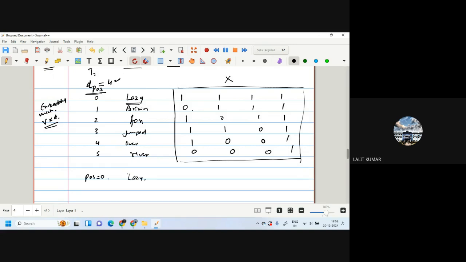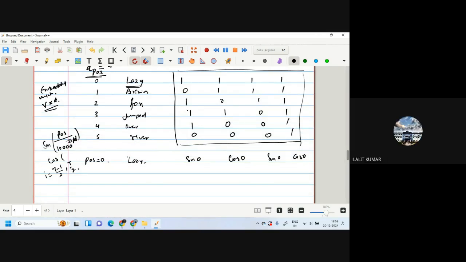The formula is sine and cos of pos divided by 10,000 to the power 2i by d, and i is equal to t minus 1 by 2 or t by 2. So in this case, i will become 0 and 1. So for lazy, this is all 0: sine 0, cos 0, sine 0 and cos 0.